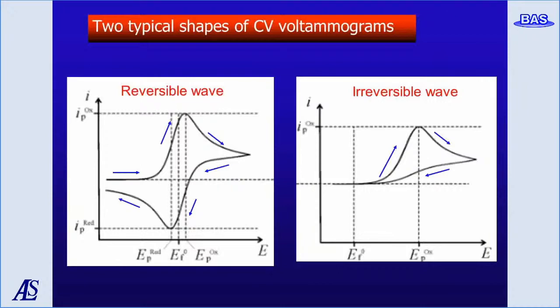We call it an irreversible wave. From these results, how can we analyze the voltammograms, and what kind of parameters can be obtained from these CV waves?